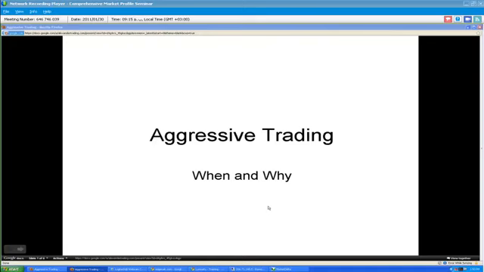Can anybody give me one practical thing that you can use in your trading because you know that? Well, you can determine a balance, but how does that help you in your trading?